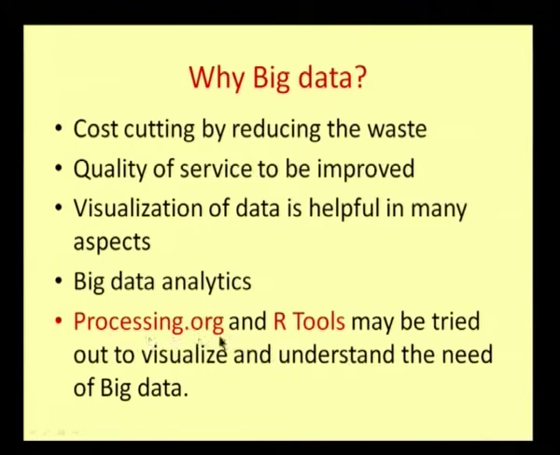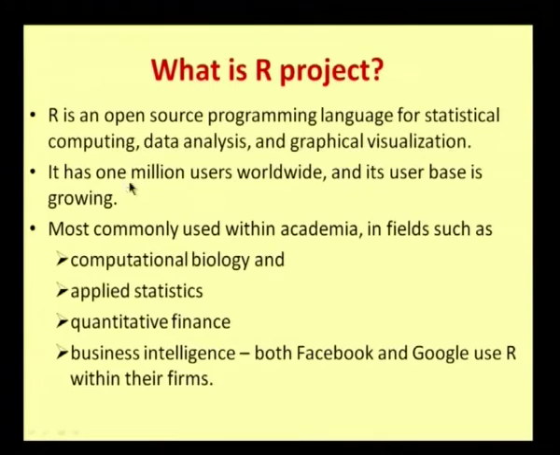Processing.org and R tools are used for visualizing the data after processing, and you can understand the concept of big data once you practice with these tools. For example, we have the R tool developed by the R project. It is an open source programming language for statistical computing, data analysis and graphical visualization.